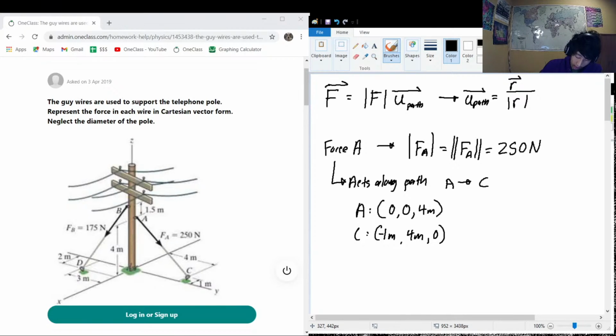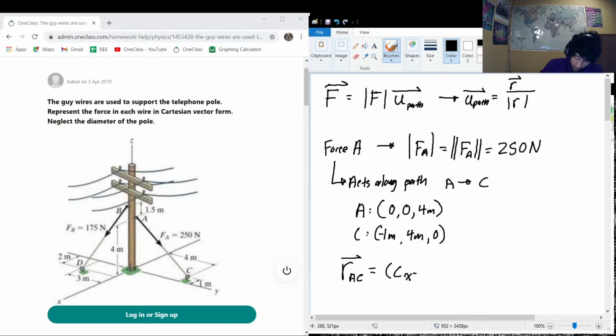Okay, so given this, we want to find the distance vector AC, and to do that, we're just going to have AX minus CX. Whoops, other way around. We always want to do destination minus source.